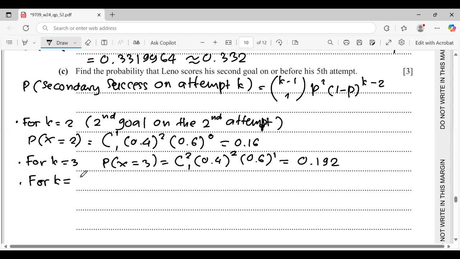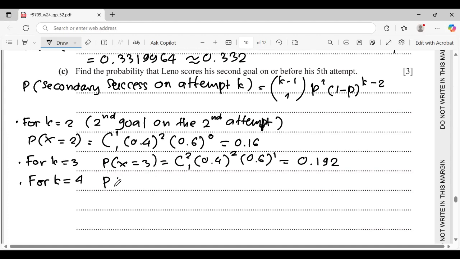Next, for K equal 4. For K equal 3, this is the second goal on the third attempt. And for K equal 4, this is the second goal on the fourth attempt.